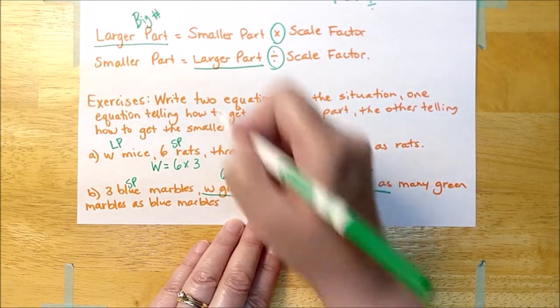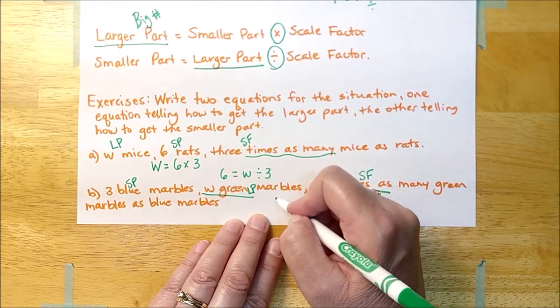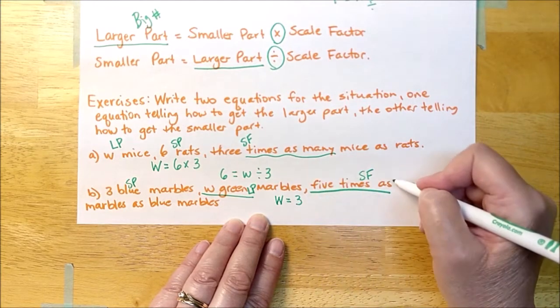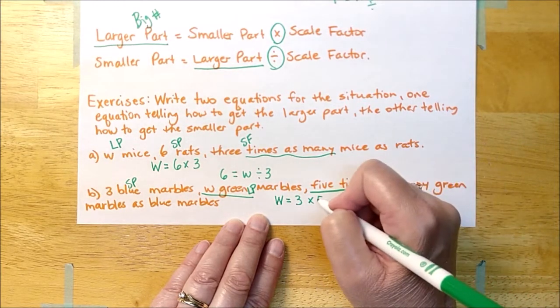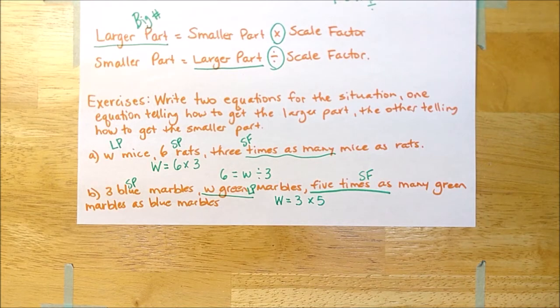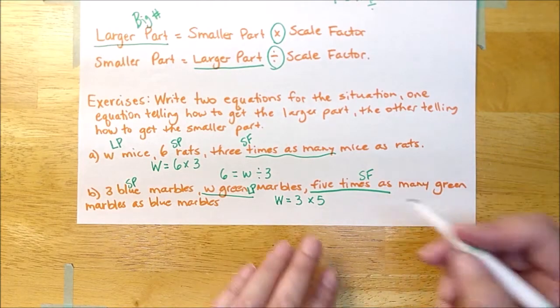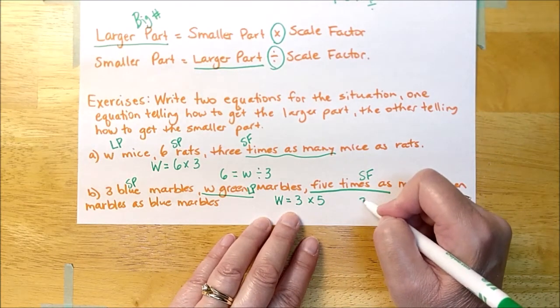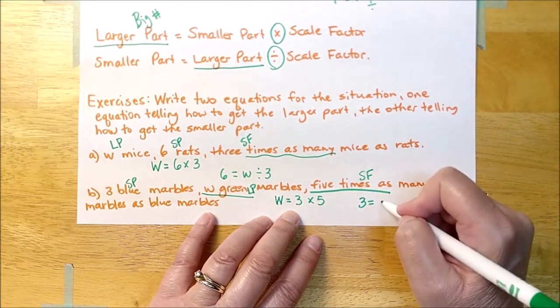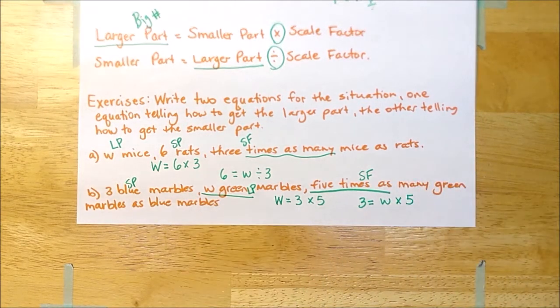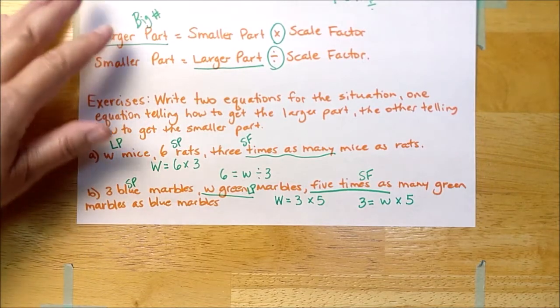So for my large part, W, I don't know what my large part is, equals my small part times my scale factor for the green ones. And if I wanted to figure out what the small part was, I could say my small part, 3, equals large part, which is W, divided by scale factor. So I've written my 2 equations for that one.